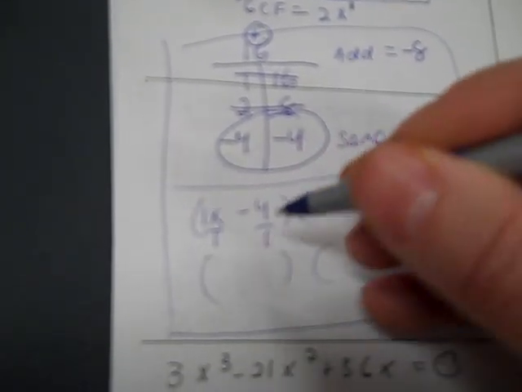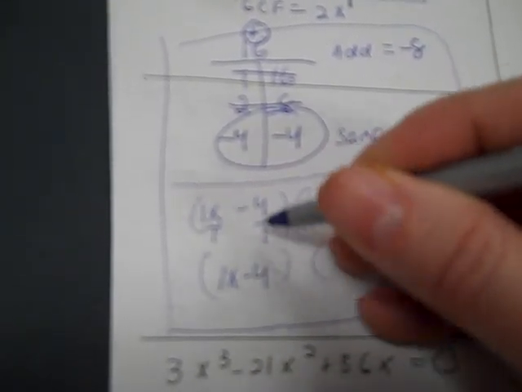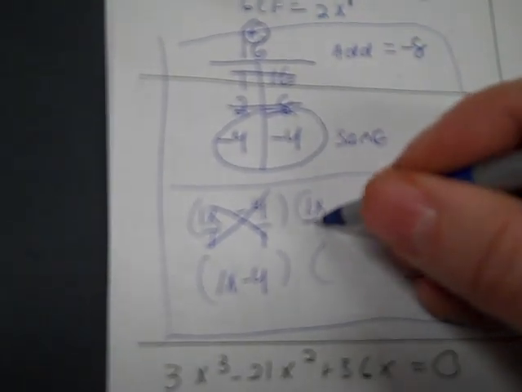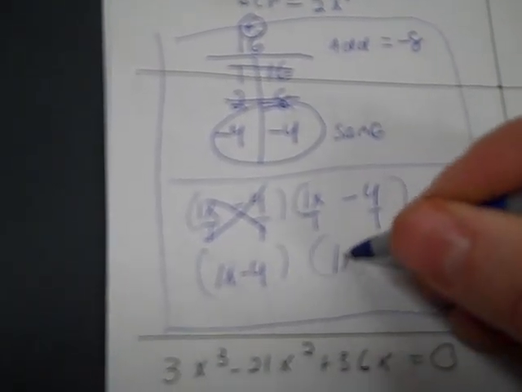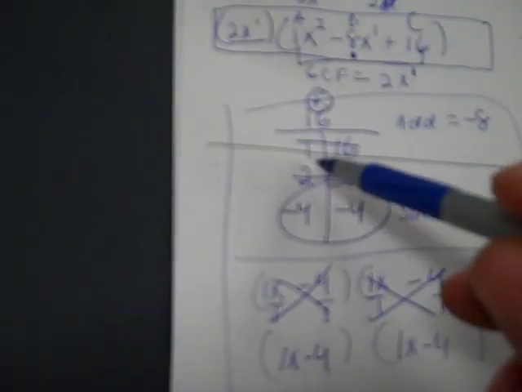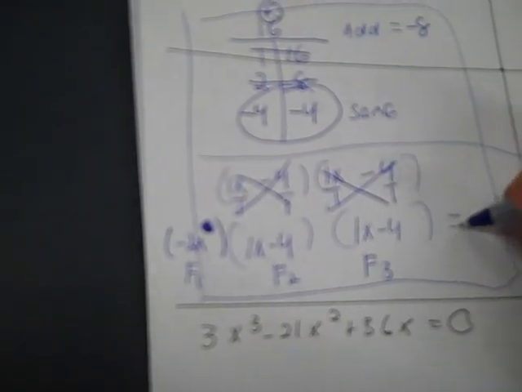Okay, the GCF here is 1, so if you divide by 1, it just stays the same, 1x minus 4. Divide by 1, that's 1x minus 4. Now you do need to bring that GCF down, the negative 2x to the first, okay? And I get rid of the 1, but there's still an x there, so F1, F2, F3 equals 0.